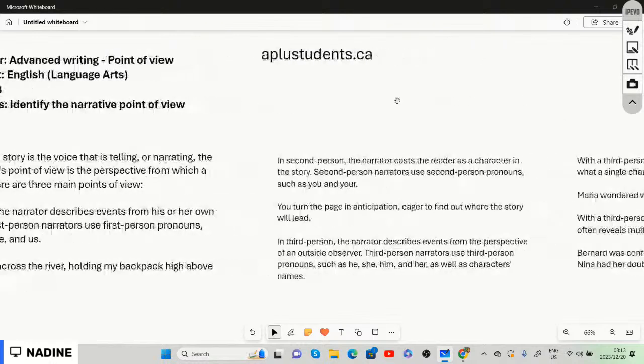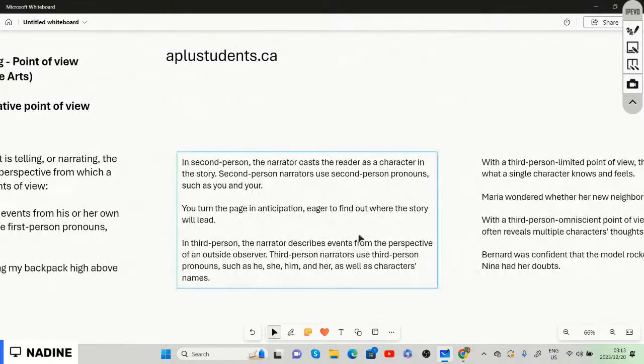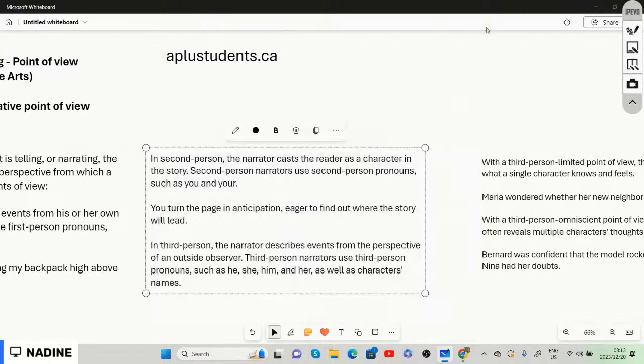But now we have second person. And in second person, the narrator casts the reader as a character in the story.